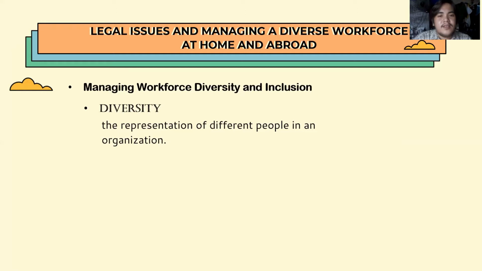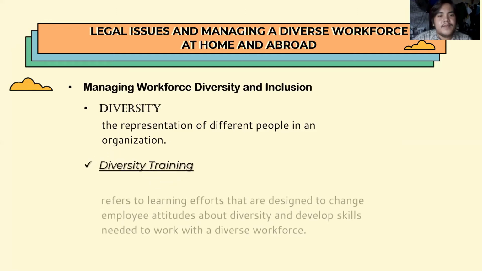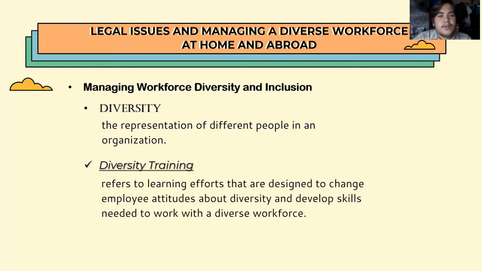And another is so-called diversity training, which refers to learning efforts that are designed to change employee attitudes about diversity and/or develop skills needed to work with a diverse workforce.